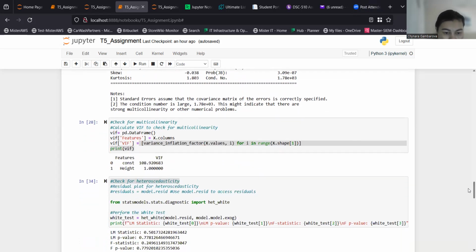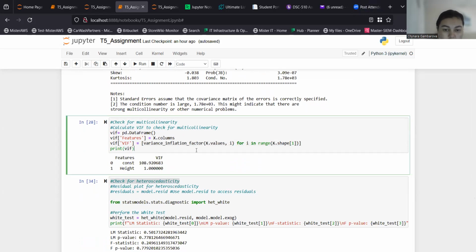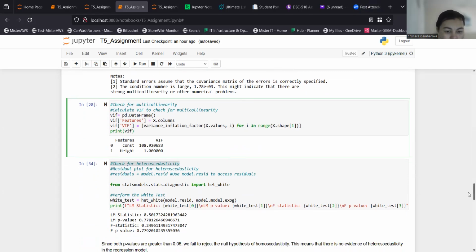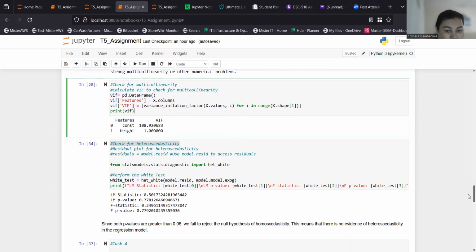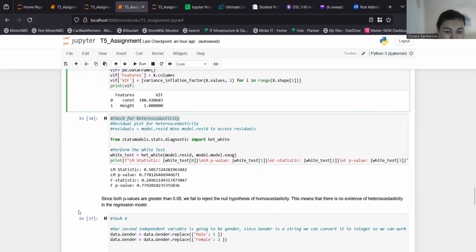And we are trying to check the assumptions of linear regression. We are checking, is there multicollinearity or heteroscedasticity, where, for example, here we can see the p-value.